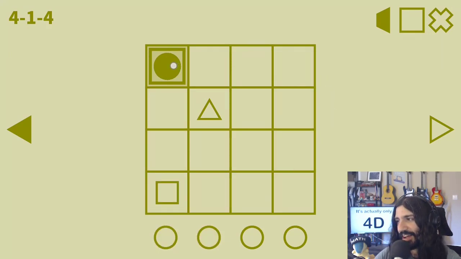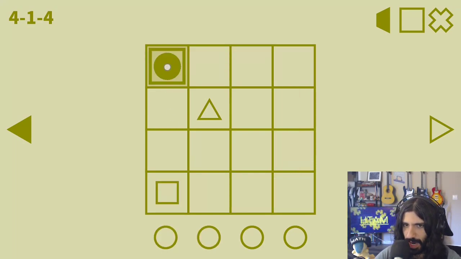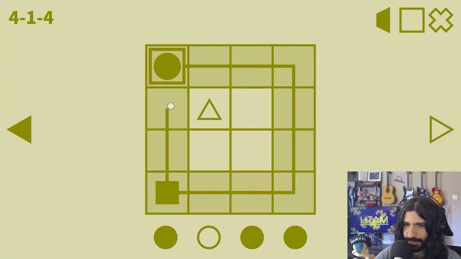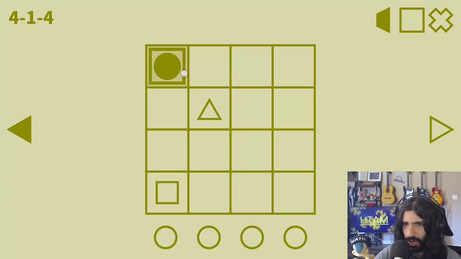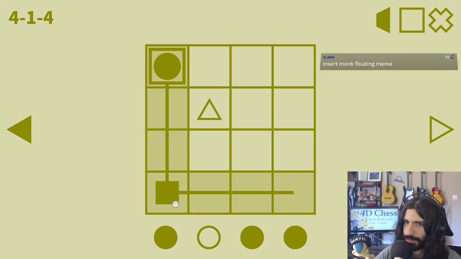I realized that neither of those left the triangle in a square. Wait, maybe we don't... Hold on. Okay, we have to end on the square. How can we... Aha! The 4th thing worked! But we gotta end on the square. Am I being dumb?